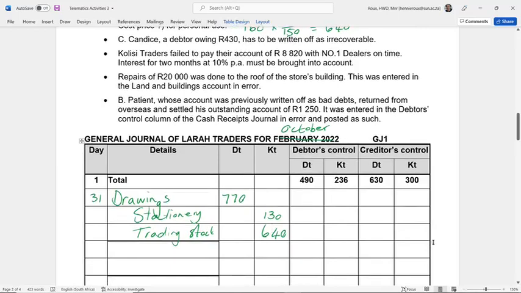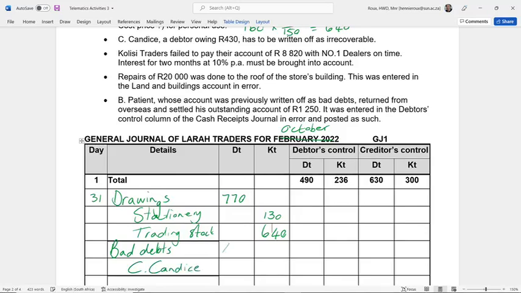The next one: C. Candace, a debtor owing 430, has to be written off as irrecoverable. For some reason, this debtor will not be able to pay us, so we write that off as bad debts. We debit bad debts, and we credit C. Candace.